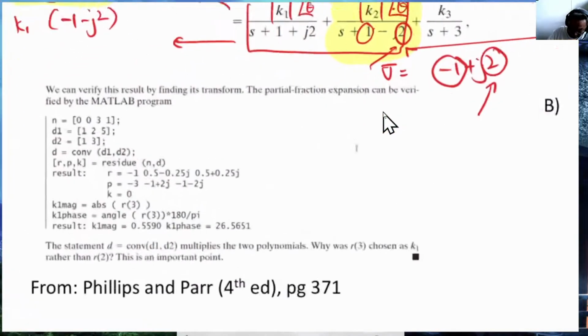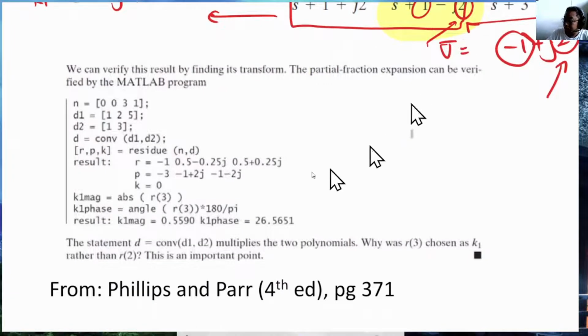If you are in the lab, I would advise you to use MATLAB to do this, where we use the residue function to find the RPKs. So this is the RPKs, which immediately give us the expression of partial fraction expansion from the coefficients given in the N and D1 and D2.